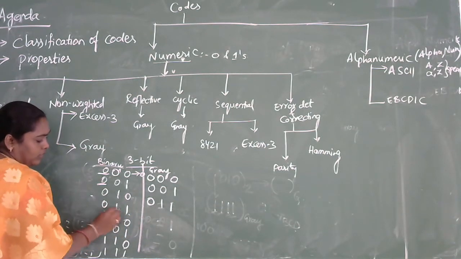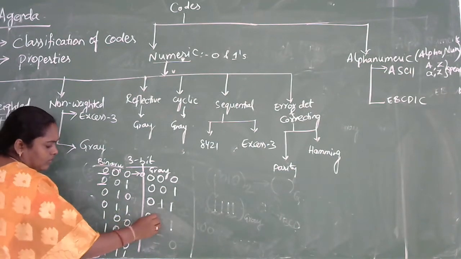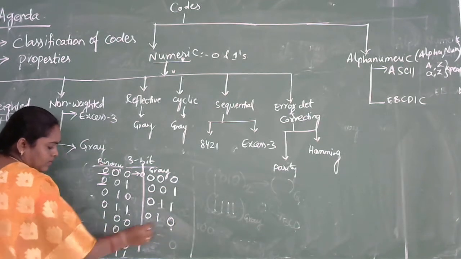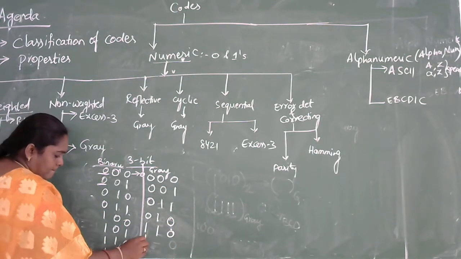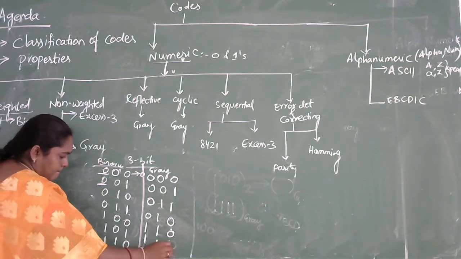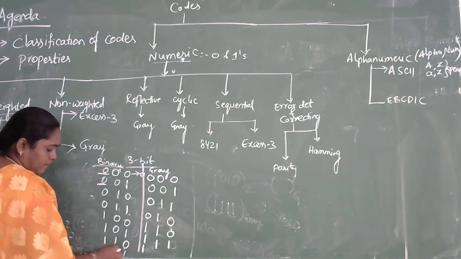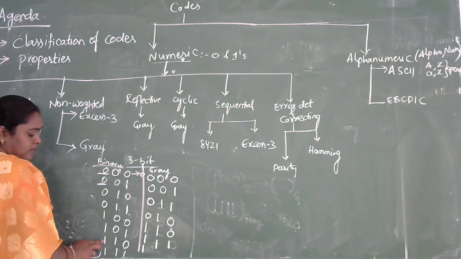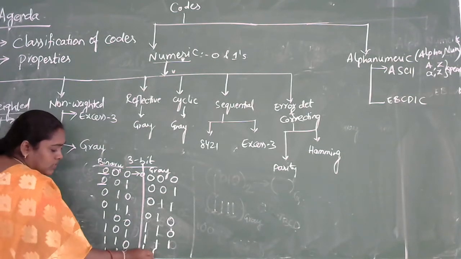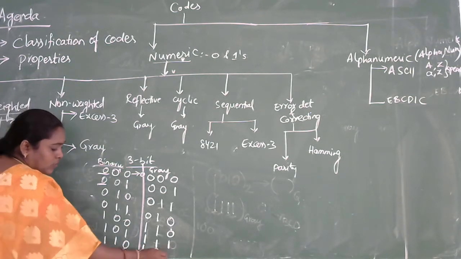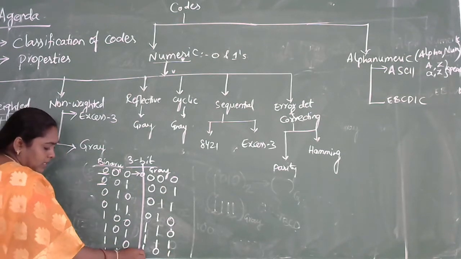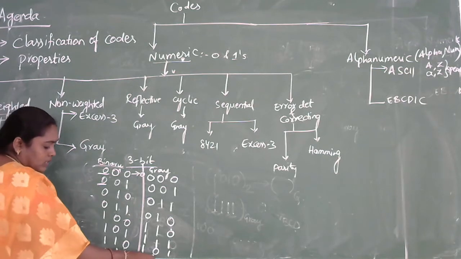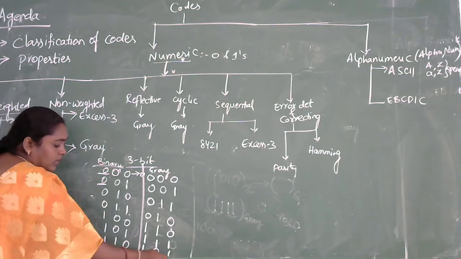Similarly, for 6, the first MSB bit is 1, 1 XOR 1 is 0, 1 XOR 0 is 1. For the last one, 1, 1, 1: the MSB bit is 1, 1 XOR 1 is 0, 1 XOR 1 is 0.